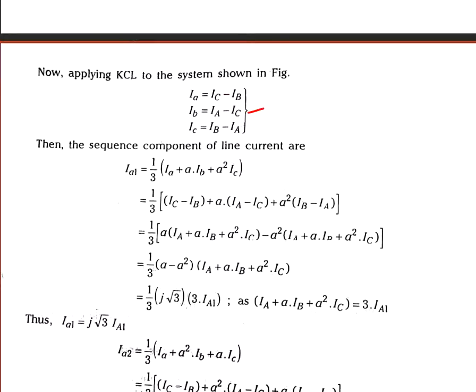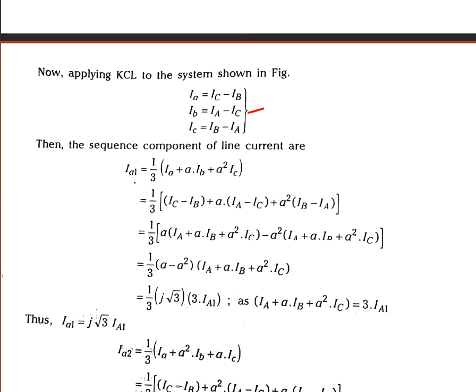Yes. So, the sequence component of the line current. We have derived this in the second class only. We derived sequence components in terms of phase voltages, and phase voltages in terms of symmetrical components or sequence components.